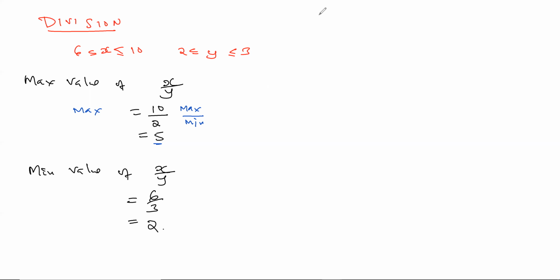So how did I get this minimum value? Just like again in subtraction, for minimum, I actually took the minimum value divided by the maximum value of the second one. So minimum goes with minimum divided by maximum. Maximum goes with maximum divided by minimum, if you can see that.